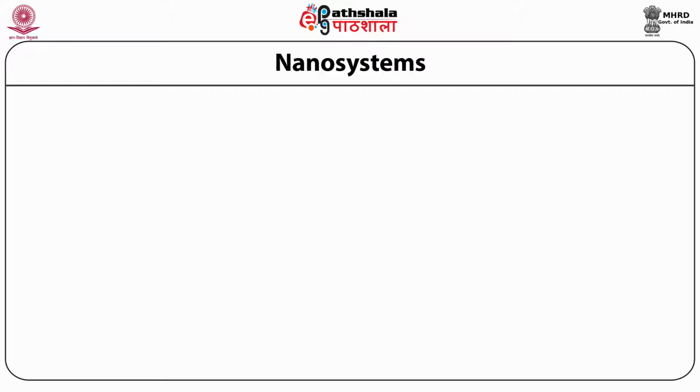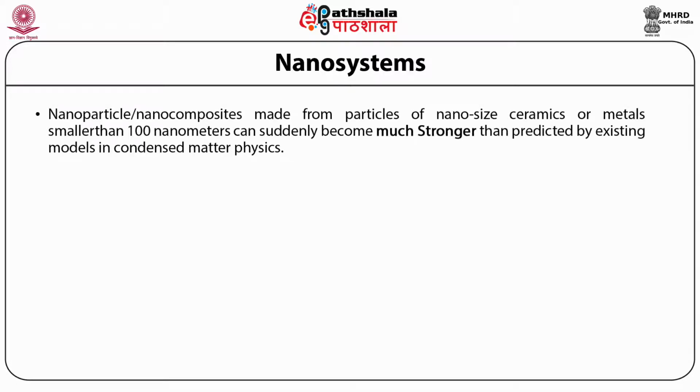Now continuing our discussion over nanosystems, the nanoparticle or nanocomposites made from the particles of nano-size ceramics or metals smaller than 100 nanometers can suddenly become much stronger than predicted by existing models in condensed matter physics.